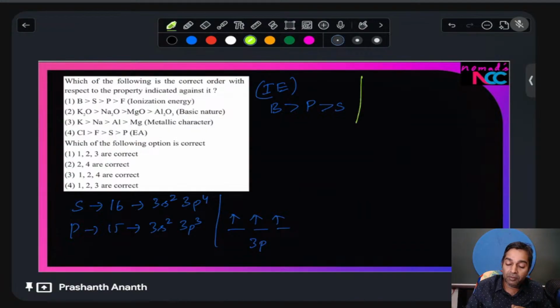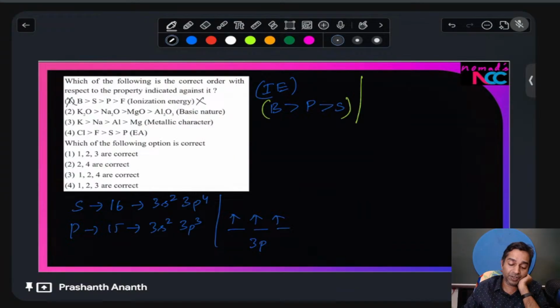Fluorine will have the highest ionization energy, greater than boron probably, but they will be relatively comparable, because fluorine is at the very end of the period, and ionization energy across the period should be increasing, except in cases where you have special electronic configurations. So between boron, phosphorus and sulfur, this should be the order. So this is definitely going to be wrong. There's no meaning in checking this out beyond a point. So option 1 is definitely wrong.